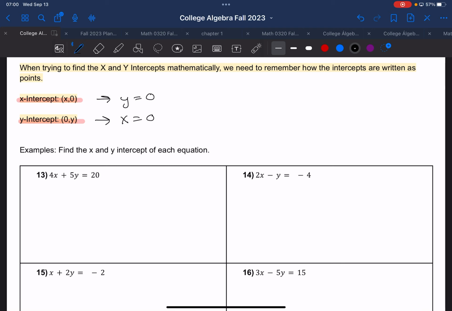So on the examples, it says find x and y intercept of each equation. So we know now that these equations are all linear because it's asking us to find these x and y intercepts. So we don't need to determine if it's in standard form or what form. We're just going to be using these equations and either plugging in 0 for y or 0 for x.